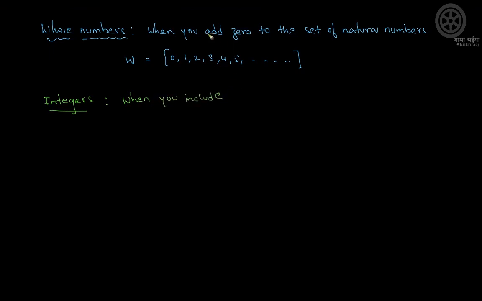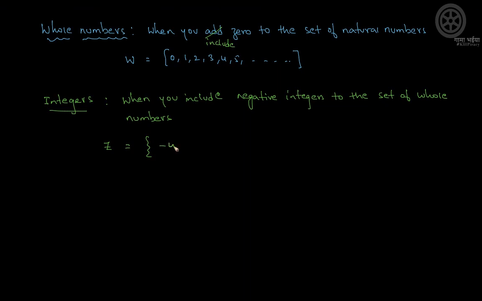Instead of add, it is better to use the word include. When you include negative integers in the set of whole numbers, then it is called the integers. Integers are denoted as Z.